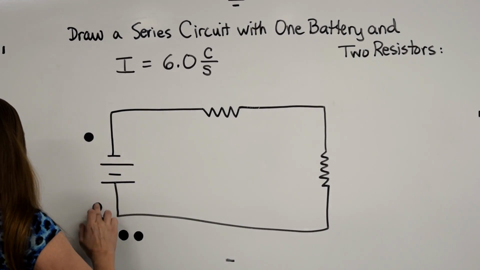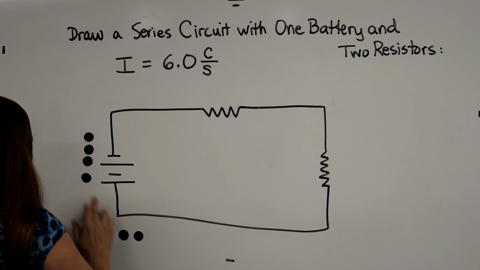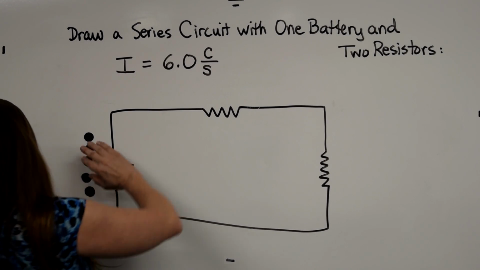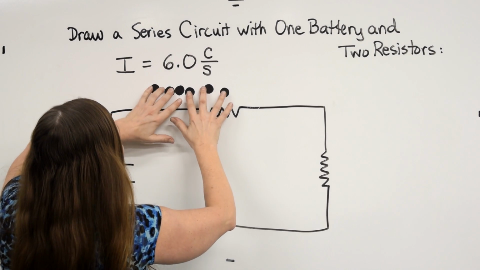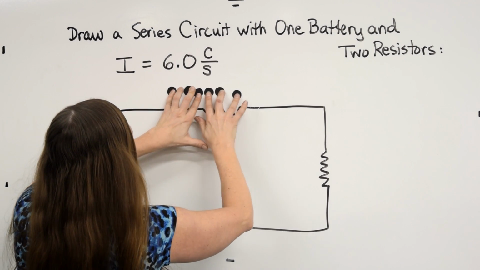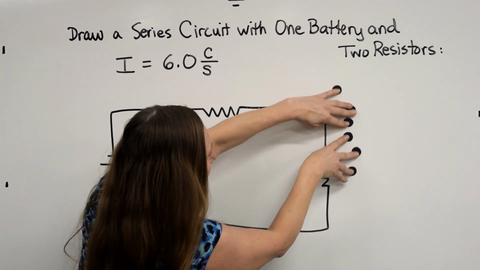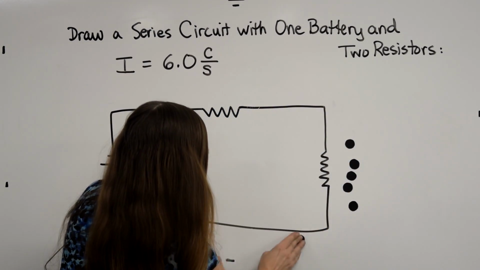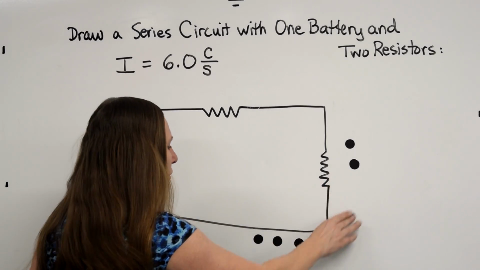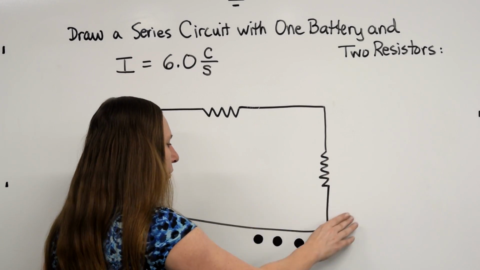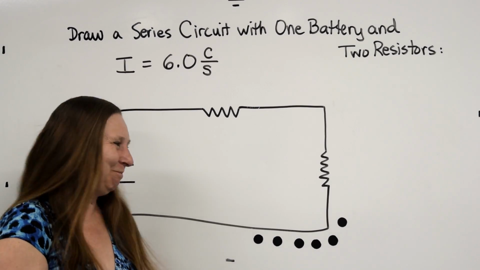The current going through the battery is 6 coulombs per second. The current going through each of the components, in this case 2 resistors, is 6 coulombs per second. The current going through this resistor is 6 coulombs per second. In a series circuit, all of the currents are going to be the same.